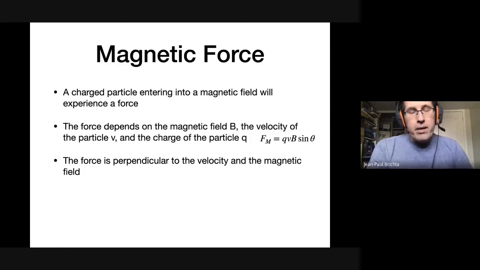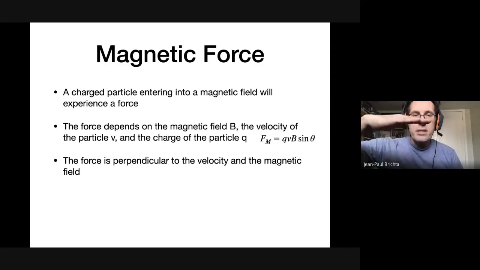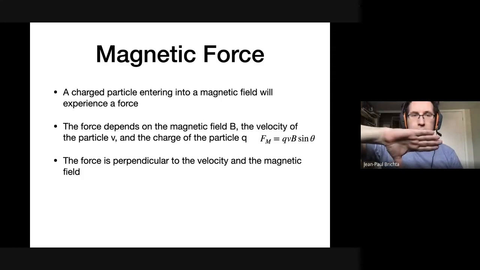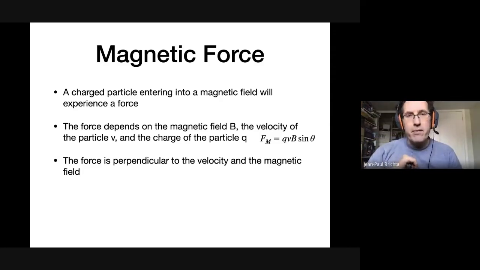Okay, what's key here, and what will hopefully jog your memory about the vector stuff, is that the force is perpendicular to the velocity and the magnetic field. So in other words, if I have a velocity like this, and a magnetic field like this, then the force would be that way, into the screen, for example, because we've got to be perpendicular.